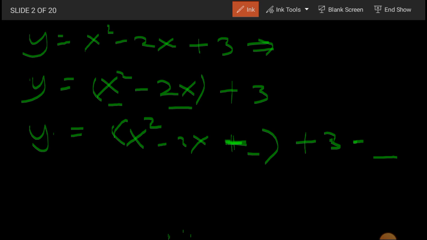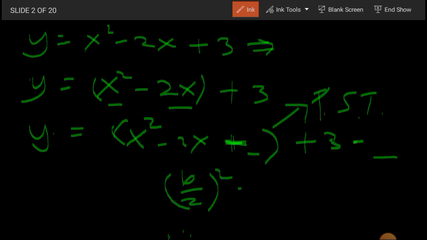Now we have to find the last term to make this part a perfect square trinomial. We have a formula to get this: b over 2 quantity squared, and b here is negative 2, so negative 2 over 2 is negative 1, and squared, that's positive 1.